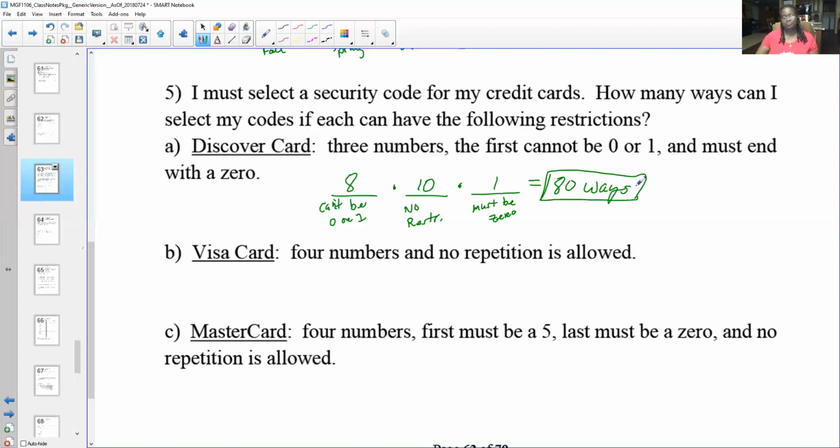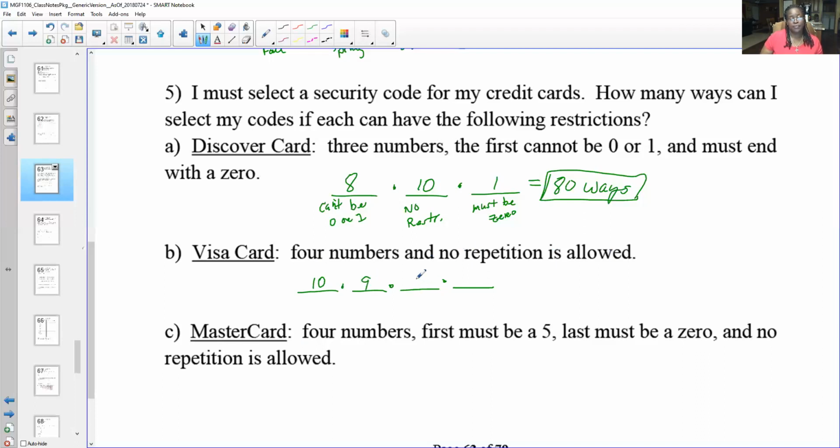All right. Here we are with our 4 numbers. So we need 4 lines. 1, 2, 3, 4. So then it says, no repetition is allowed. So if we have 10 counting digits, our first choice, we have 10 choices. For our second number, since there's no repetition allowed, then that only leaves us 9 to choose from.